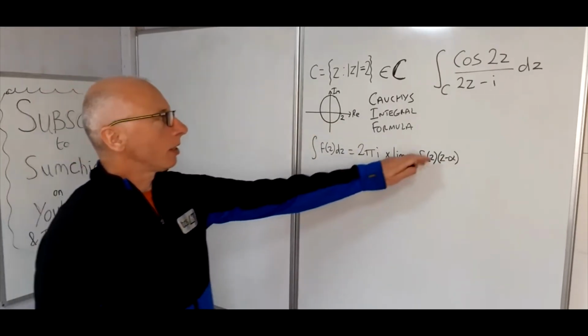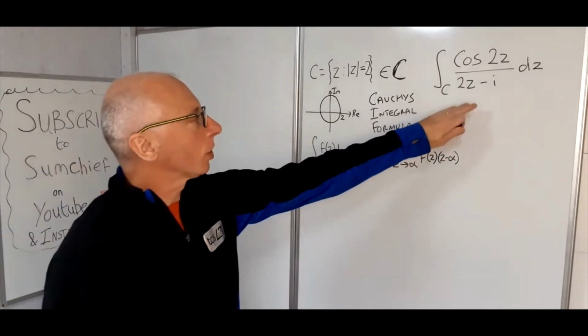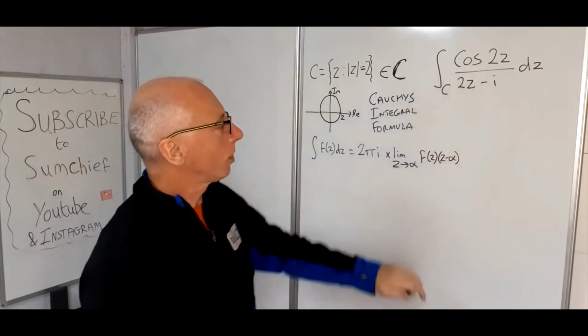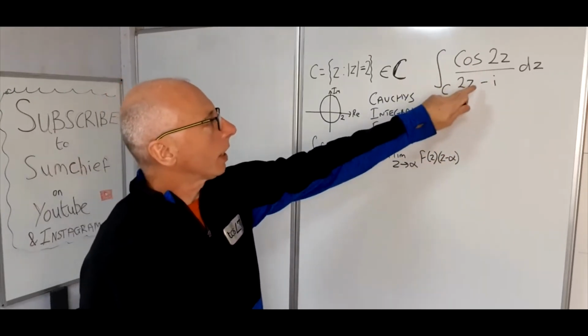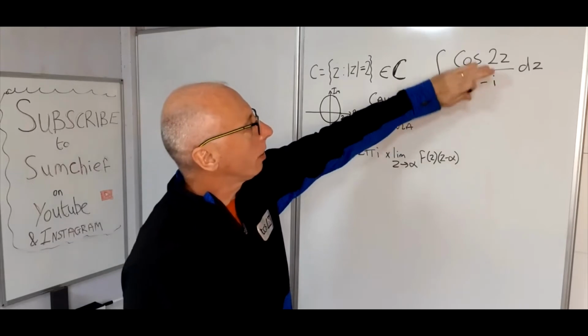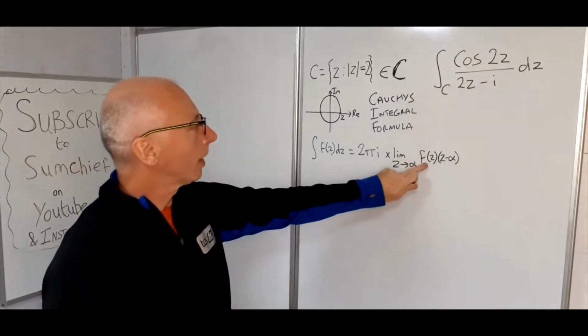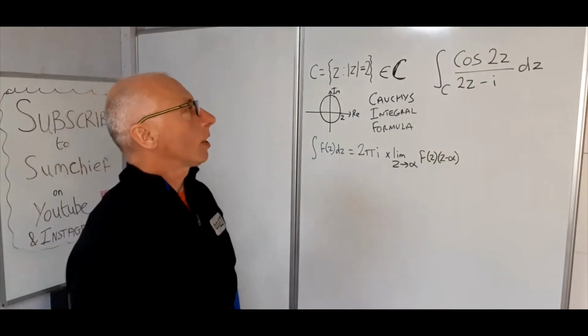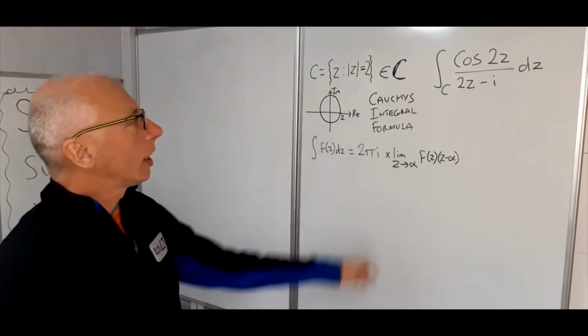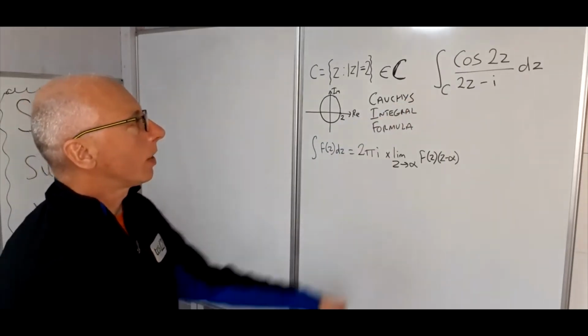Basically what that means is find the singularities of this function here, let this function equal f of z, and then take the singularity out, and what you're left with is what you calculate the function at. So let's see if we can find the singularities of this thing.